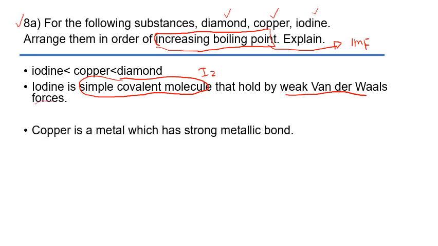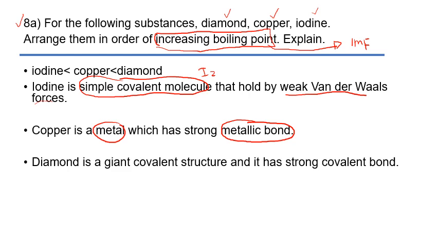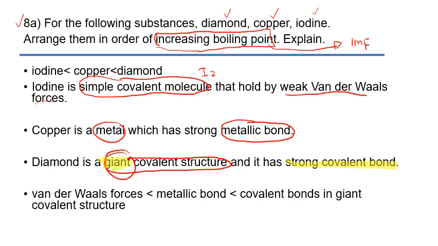Copper is a metal, so it has metallic bond. And last, diamond is a giant covalent structure, and because of this keyword, it has strong covalent bonds. Therefore, the diamond is the strongest and has the highest boiling point.